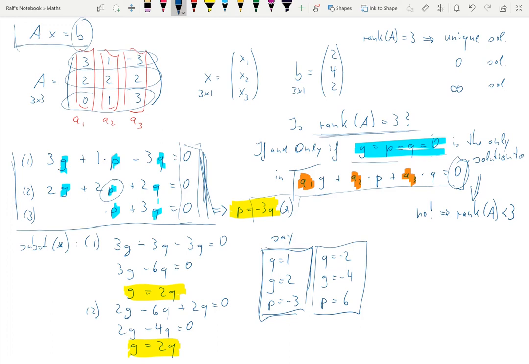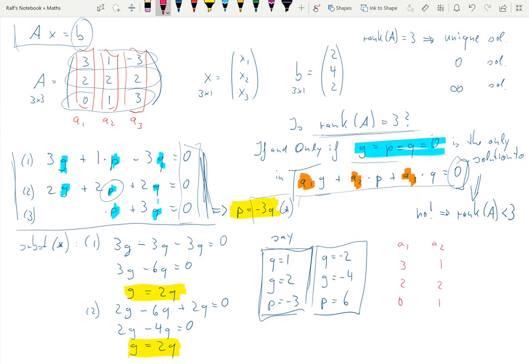Well, what's the rank tell us? The number of independent columns. So let's just try and figure out whether these columns A1 and A2, so A1 is 3, 2, 0, and A2 is 1, 2, and 1, whether they are linearly independent.